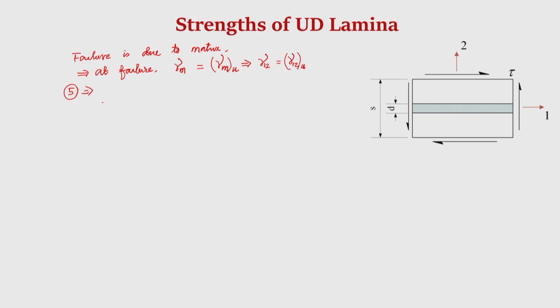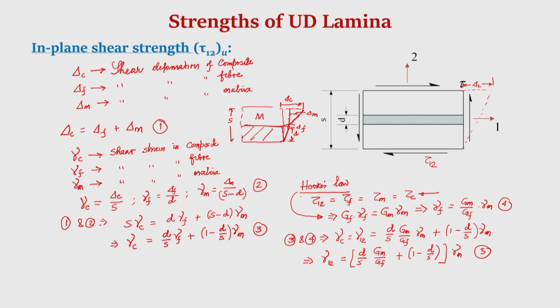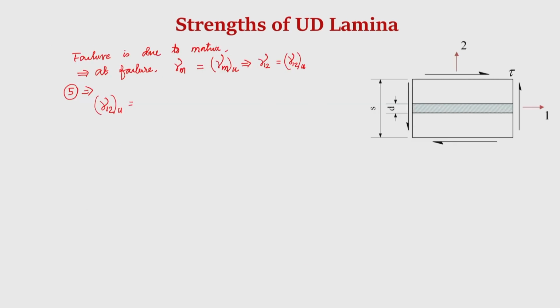put this in equation number 5, gamma 12 ultimate is equal to, let me see what was the equation, yeah, d by S G M by G F plus 1 minus d by S, gamma M ultimate.